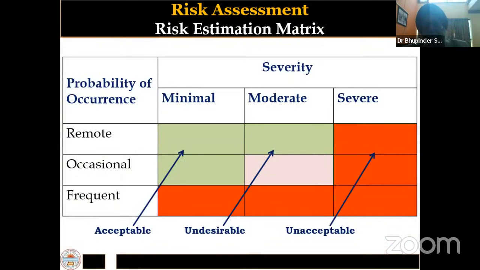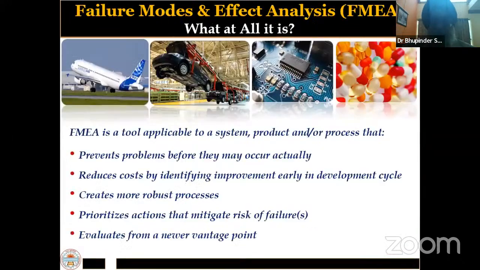Here is the risk estimation matrix. You see the green ones are just ignorable because they are associated with low risk, while the red ones are associated with high risk. You must take them into account, while the white ones can be considered depending upon the case.